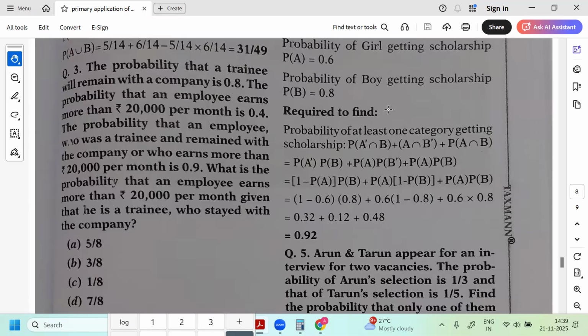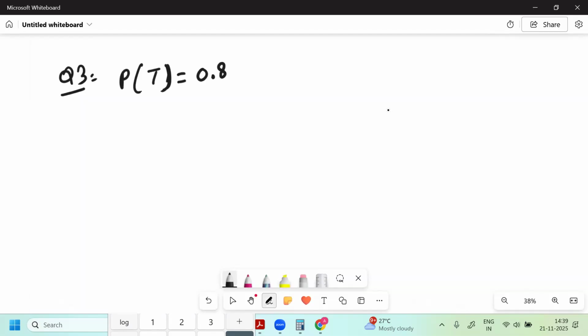Probability that the employee earns more than 20,000 is given as 0.4.